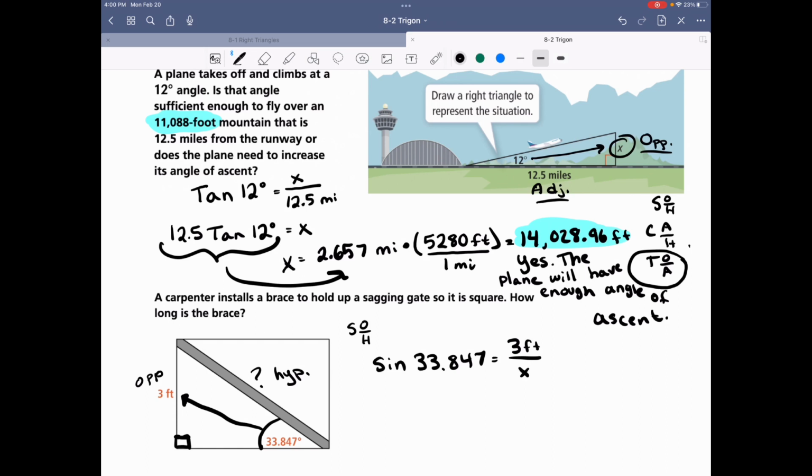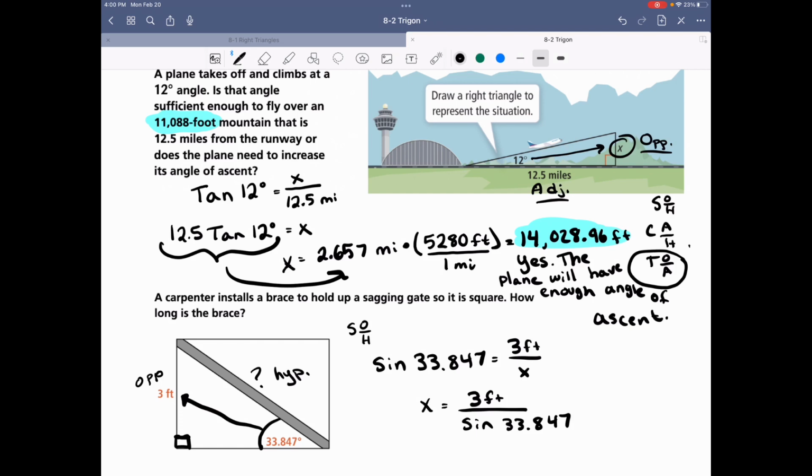To figure that out, I would have to multiply each side by x and then divide by sine. So x is going to equal 3 divided by the sine of 33.847.